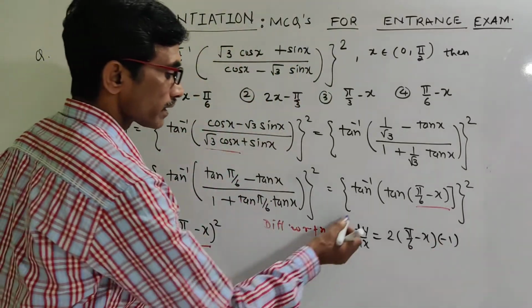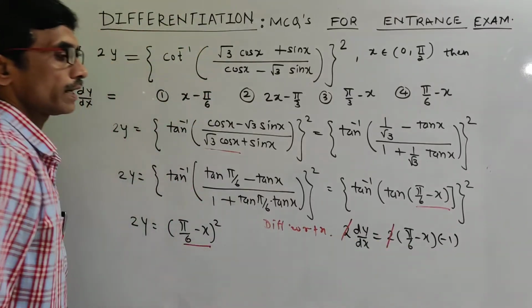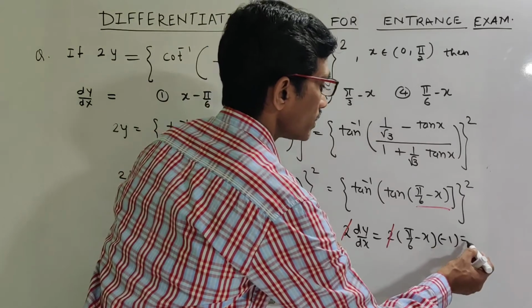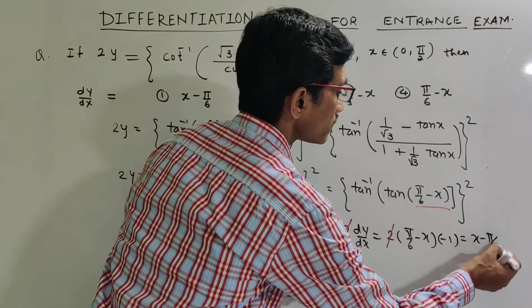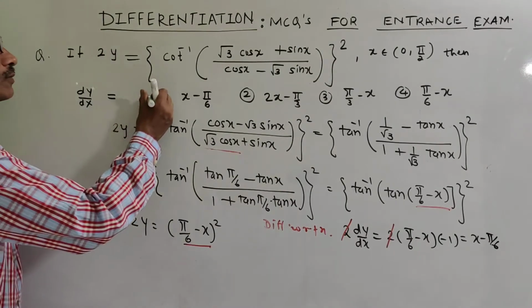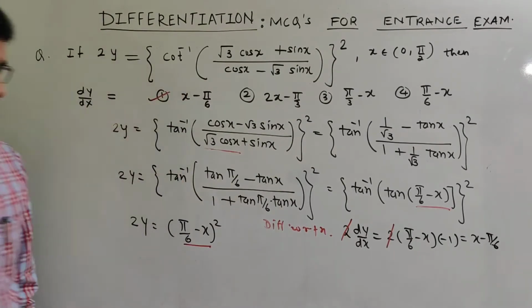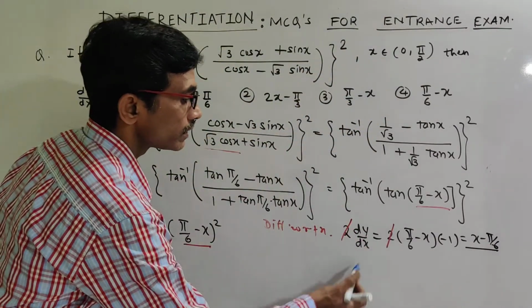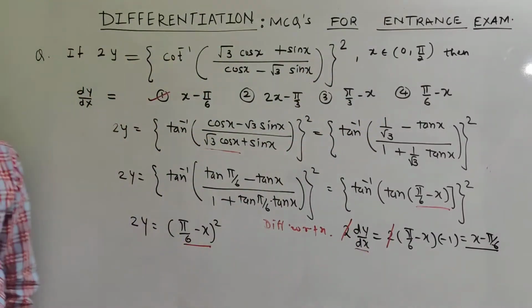Now this 2 is getting cancelled and this minus sign we multiply over here. So that will be equal to x minus pi by 6. So x minus pi by 6, that is the first option, is the correct option. So we are getting dy by dx equal to x minus pi by 6.